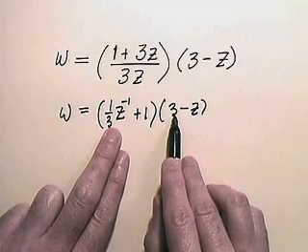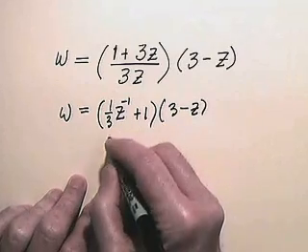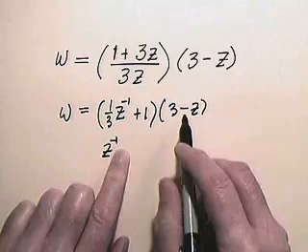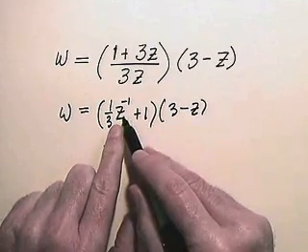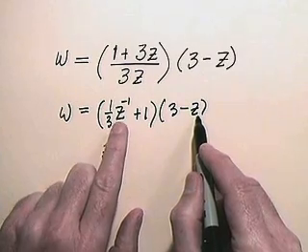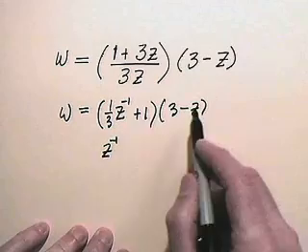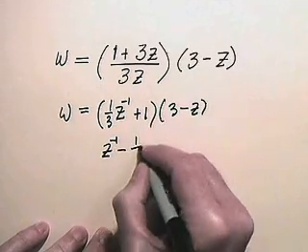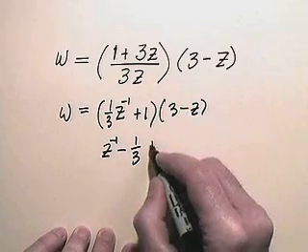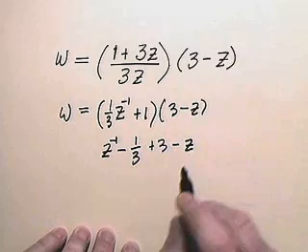The product of the first two will be simply 3 times 1/3 z minus 1. Z to the negative 1 is just z to the negative 1. And then the first times the last here is 1/3 z to the negative 1 times negative z, which will be negative 1 times 1/3, so we just get negative 1/3. And 1 times the 3 is just 3, and then 1 times negative z is just negative z.